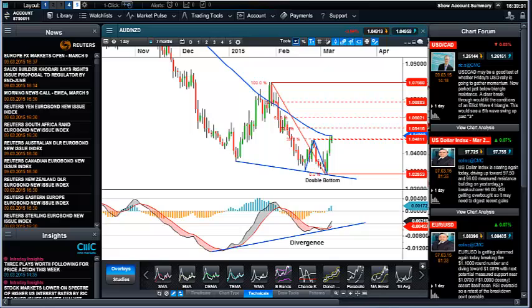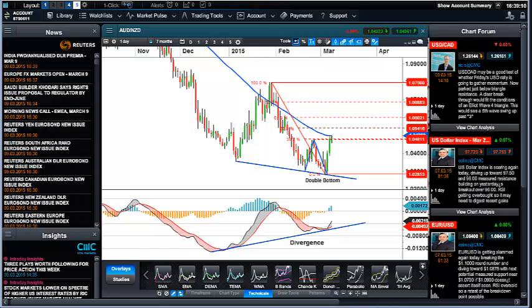I guess the first thing that grabbed my eye about this is that for quite some time now we've seen some nice divergence developing. I've used the MACD indicator to show that in the box below the chart. What I mean by divergence is we can see that the MACD, which is the black line here, is now making consistently higher lows, while price itself has still been making lower lows.